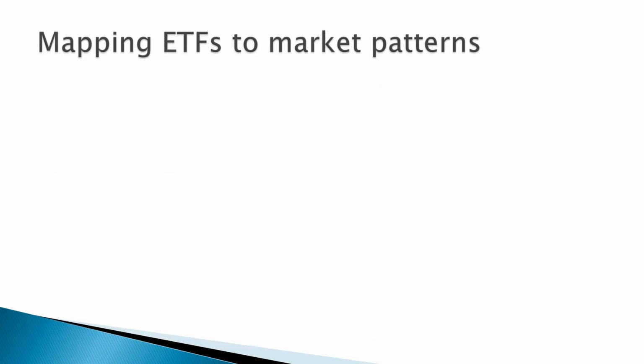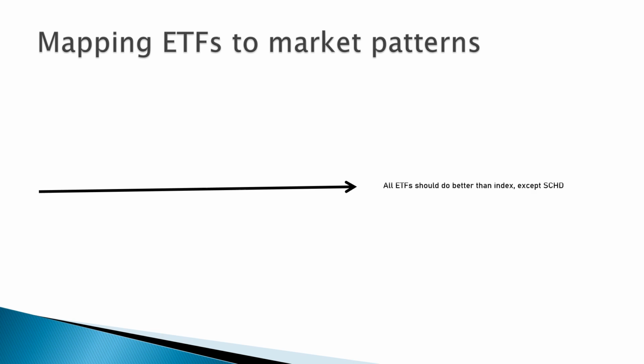I'll now walk you through how I map my ETFs to different market patterns. And by market patterns, I mean steady markets, declining markets, rising markets. So this is steady markets, treading water, not moving up or down.